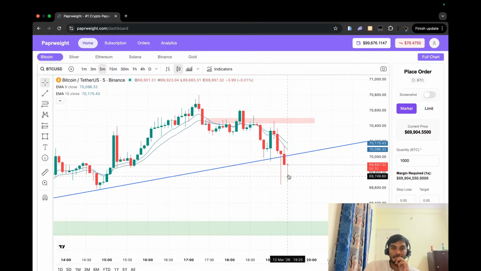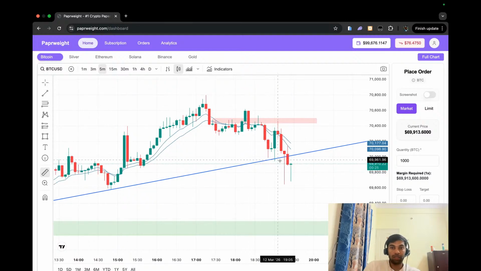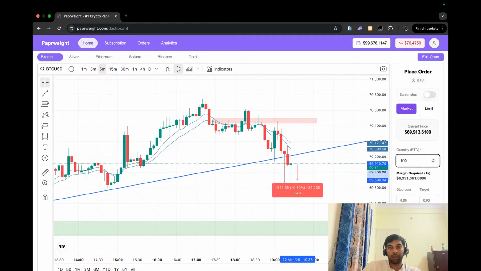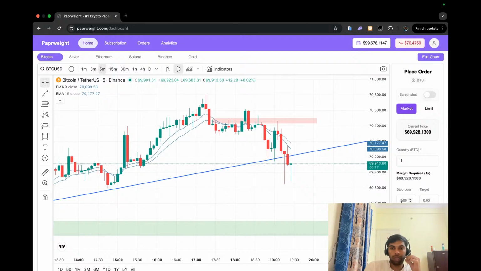If this is a trap for sellers, then I don't know how many sellers are going to be trapped, guys. So this is a good trap, but I'm quite unsure.